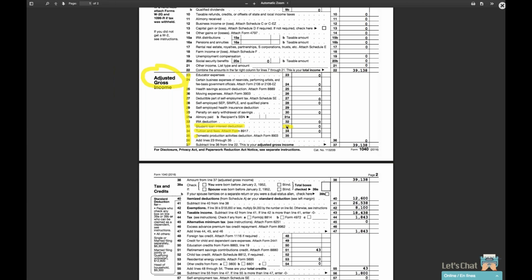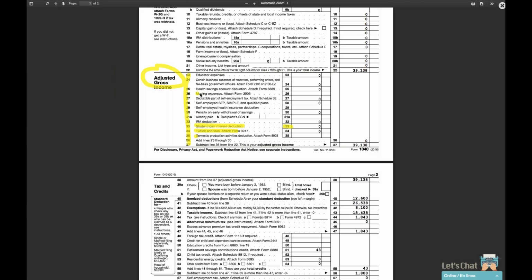So that means that you're actually reporting $49,000. It doesn't mean that you make less money, but you have income deductions. So income deductions 23 to 37 are good, but you need to know what they mean, right?